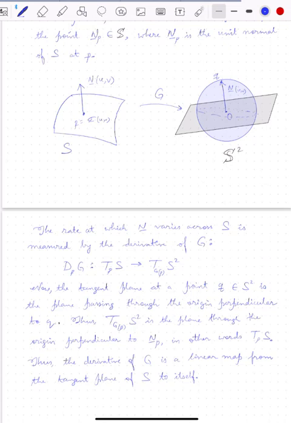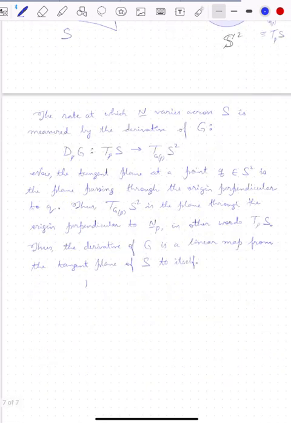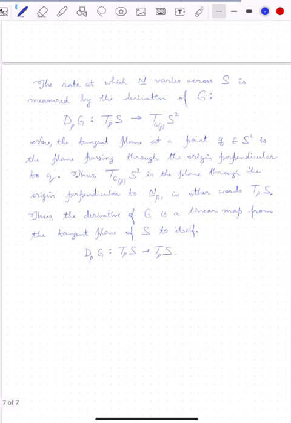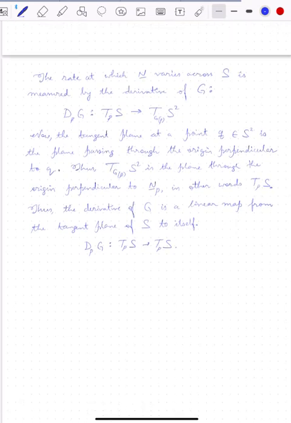So that's the derivative of Q. In a sense, this T of G of P of S2 eventually becomes, since it is the same in both scenarios, just TP of S. It is equivalent to TP of S, right? So that's what it is. So we have dp vector of G from TPS to TPS. I know it takes some time to understand it, but I believe it's worth it. Okay, so now we come to a definition.